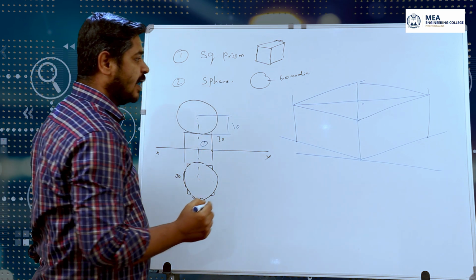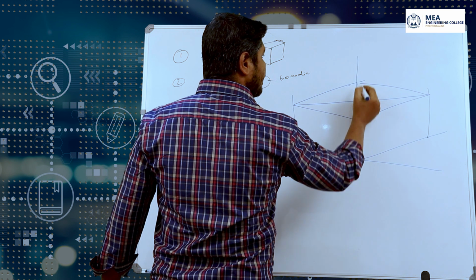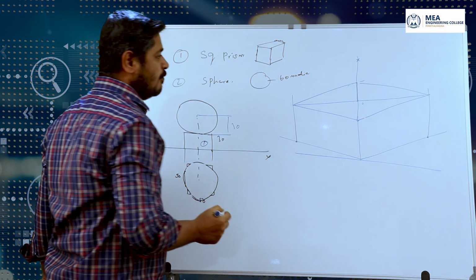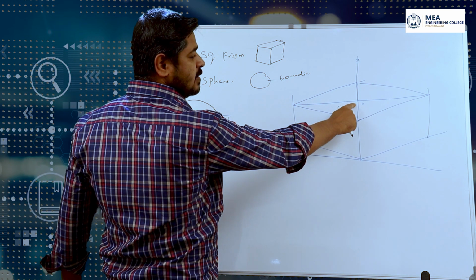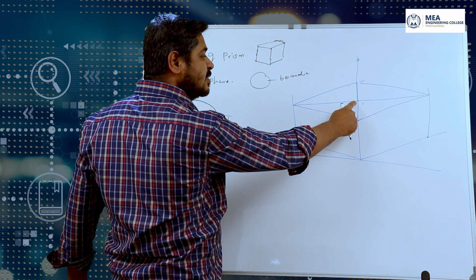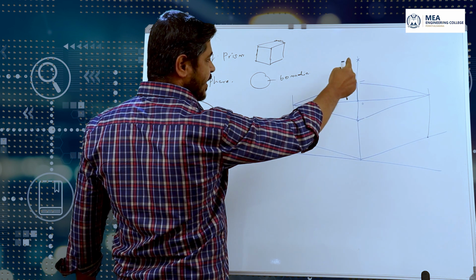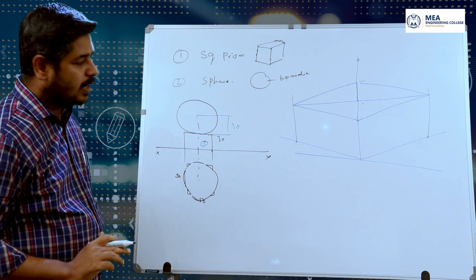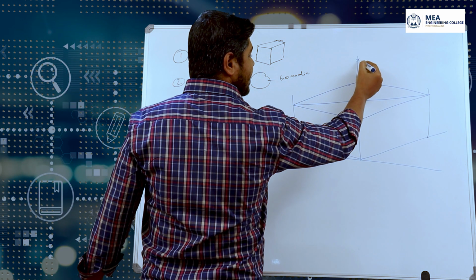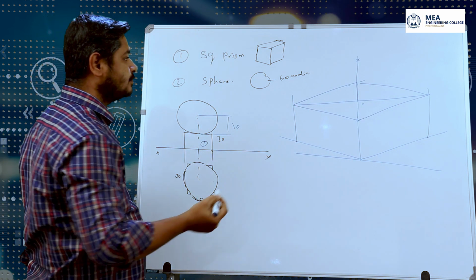Now draw the perpendicular line and fix the point which is 30 mm from the center. So O is the center point on the top surface. Now draw the vertical line and then mark the point 30 mm above it. Now take this much as the radius and make a circle.